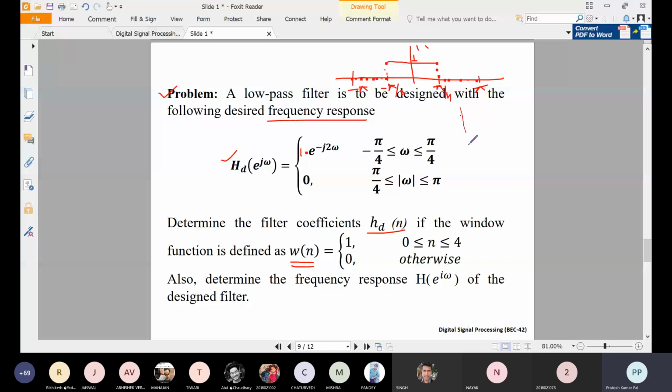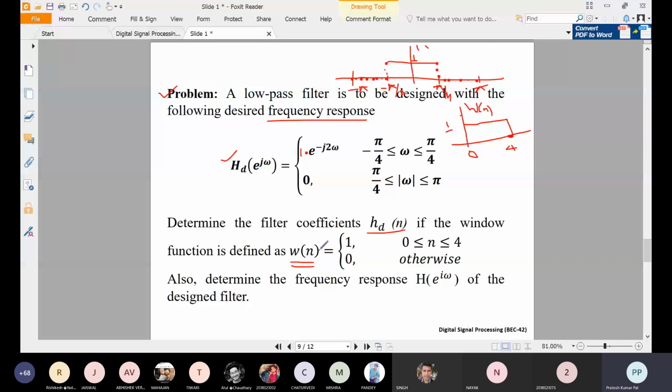Suppose this is 4, then for 0 to 4 it has a magnitude of 1. This is your window function.